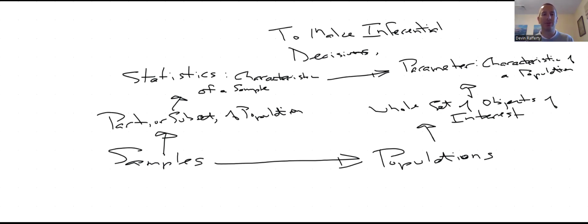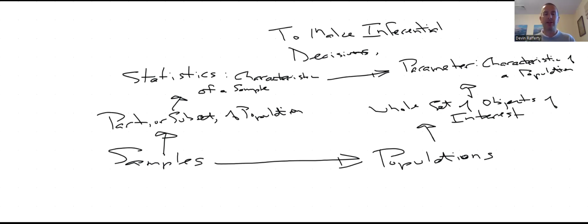quantitative analysis works. What we're going to do in this class is take samples. From those samples, we calculate statistics. And then based upon those statistics, which we get from samples, the portions or subsets of our populations, we are going to estimate parameters.